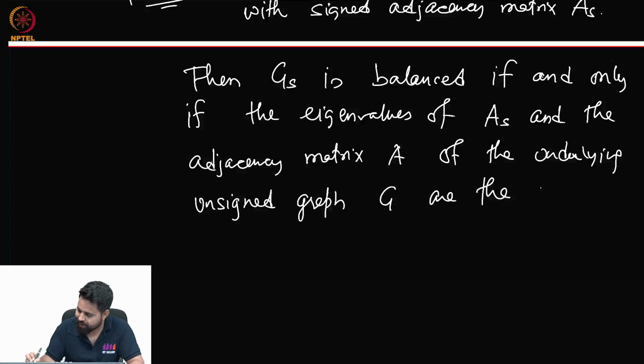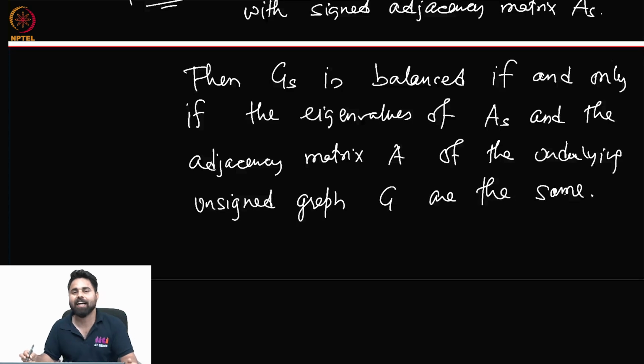Basically, there is a signed graph, and for the corresponding graph you take, wherever there are negative edges, you make them plus. So this will be an unsigned version of the signed graph. If these two graphs have the same eigenvalues of their adjacency matrices, in one case the signed adjacency matrix, then and only then the signed graph will be balanced.